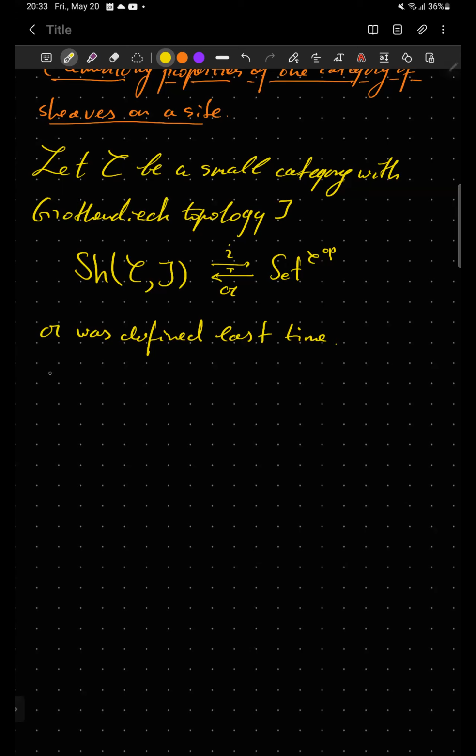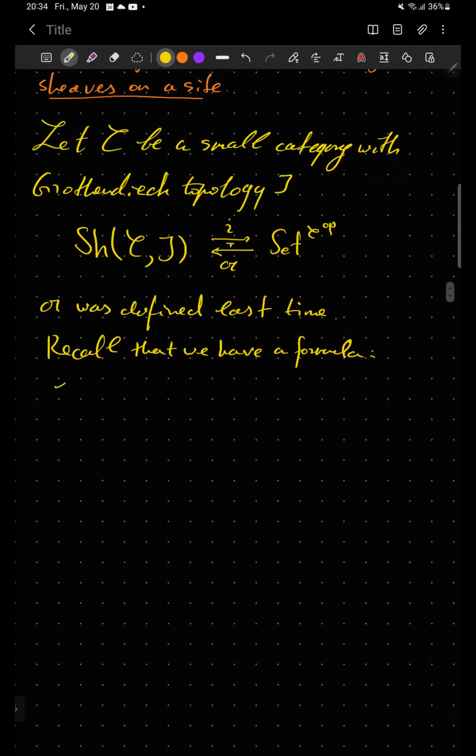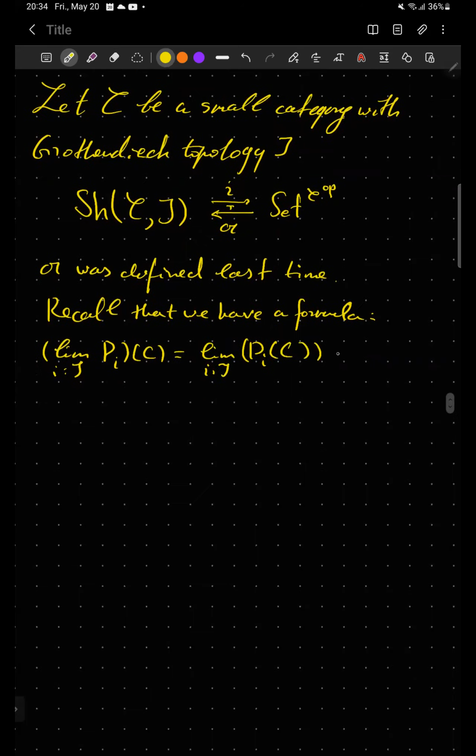So we have, recall, we have a formula in the category of pre-sheaves.